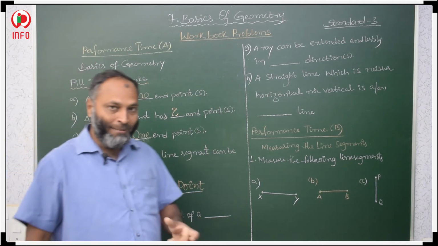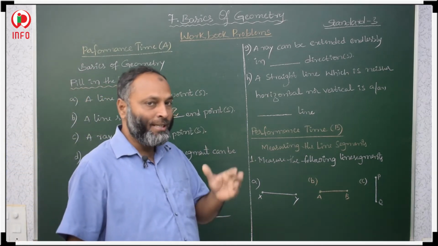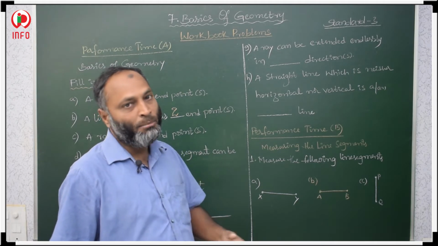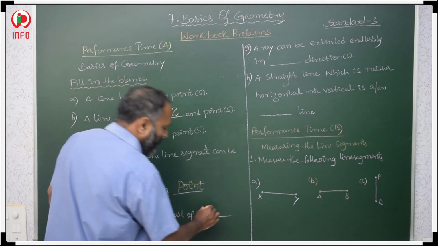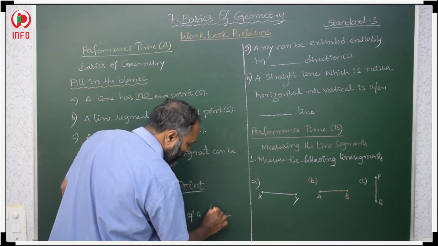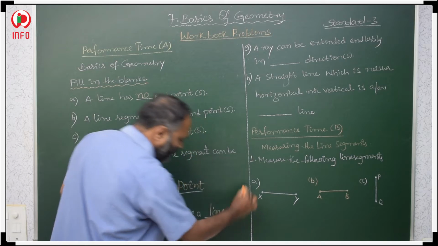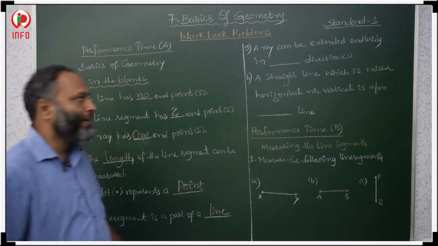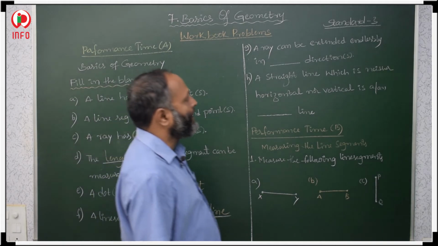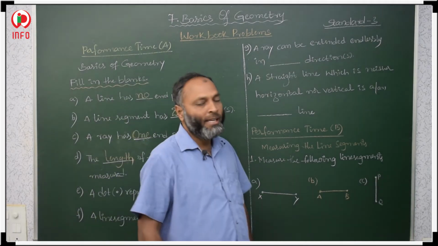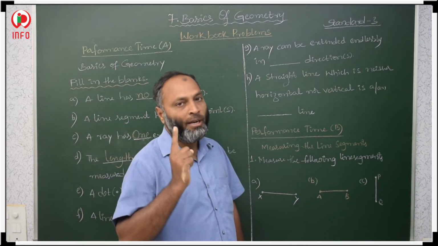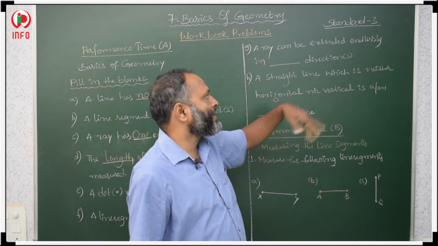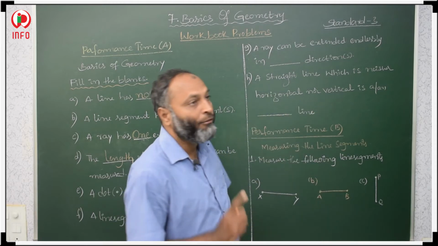Next, a line segment is a part of a dash. A line segment, it is a segment. Segment means it is a part. So it is a part of a line. Line segment is a part of a line. Next, a ray can be extended endlessly in dash direction, in only one direction. So a ray can be extended endlessly in one direction.